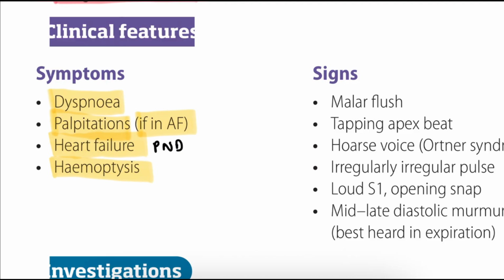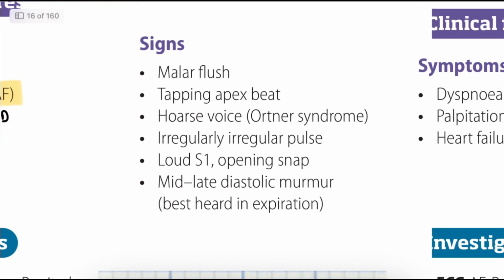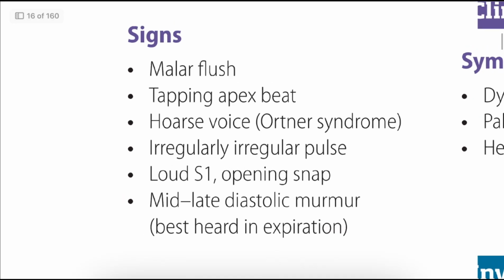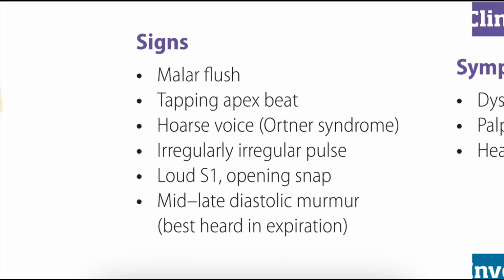Along with that, we can see complications like atrial fibrillation, stroke, or pulmonary hypertension. Then the signs of mitral stenosis: malar flush, a tapping apex beat, a hoarse voice, which we call Ortner syndrome, and an irregular pulse because of atrial fibrillation.